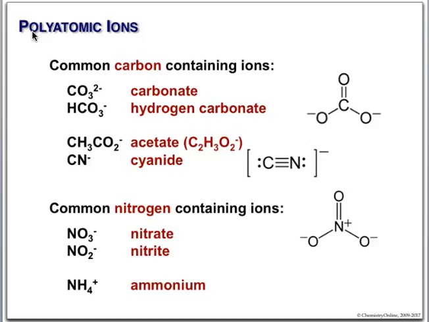That's common ammonia gas. If we put 1 more hydrogen on, we get a positive thing, NH4+, and that is called ammonium. Make sure you know that one. That one does show up on exams and quizzes. The only positive polyatomic we're going to deal with.